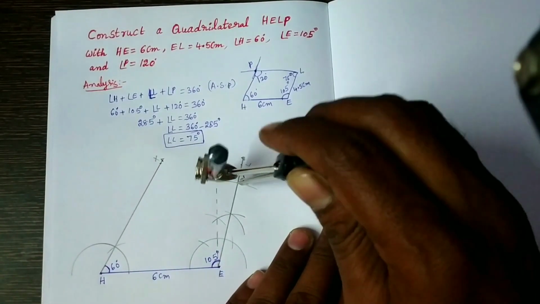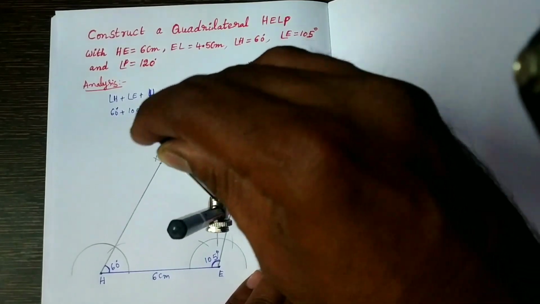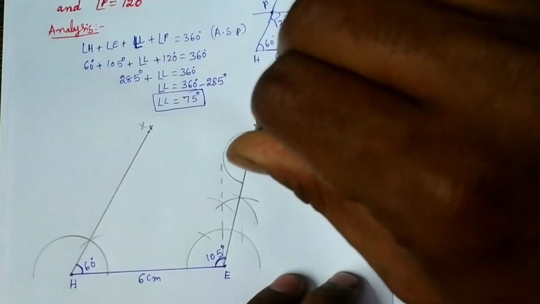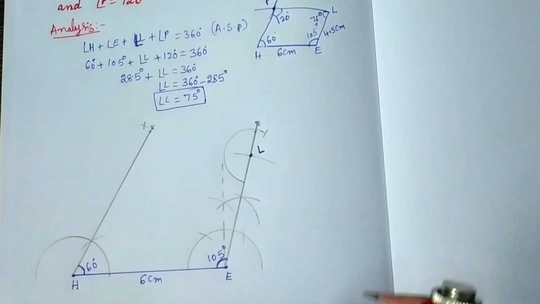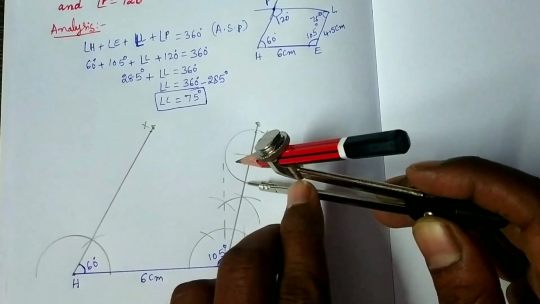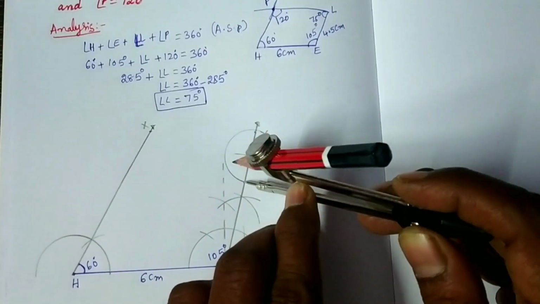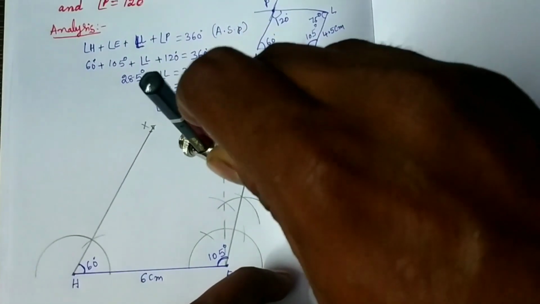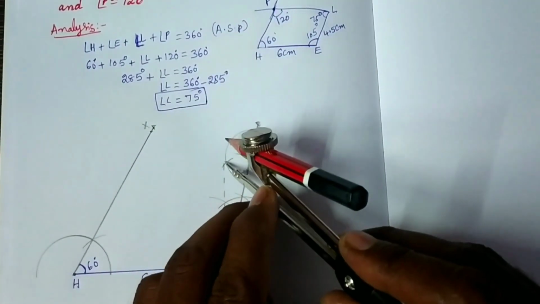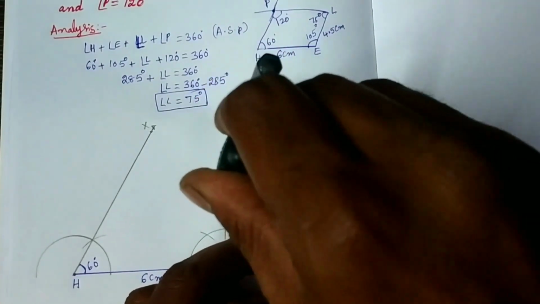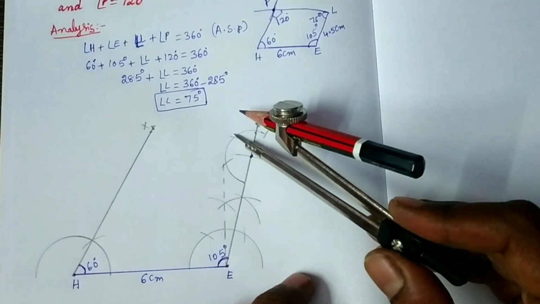At L, draw an arc. And from the intersecting point of L and this arc, again draw an arc. It cuts the arc at 60 degrees and from 60 degrees draw another arc. It cuts at 120 degrees.